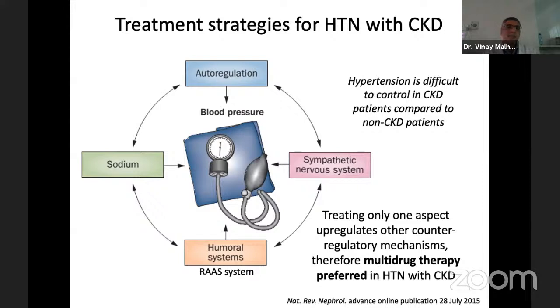You must have seen that our patients of CKD require at least 3-4 antihypertensive drugs from different classes. Treating only one aspect upregulates other counter-regulatory mechanisms. Therefore, multi-drug therapy is preferred. So if the patient has salt and water retention, you would like to give a diuretic. For RAS system activation, you would like to give RAS inhibition.